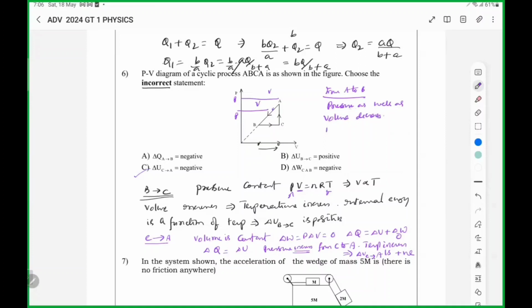Pressure decreases. Volume decreases. Temperature decreases, which implies internal energy decreases. So delta U from A to B is negative.